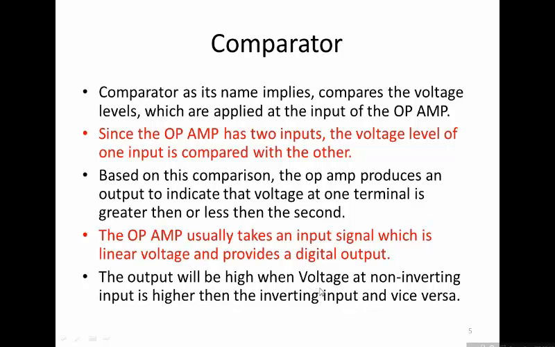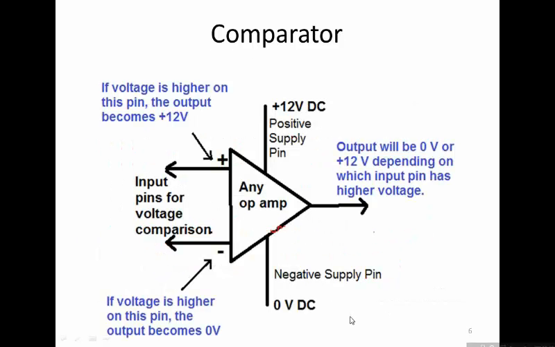That is, when the voltage at the non-inverting terminal is higher than the inverting input, the output would be high, and if the voltage at the inverting input is higher than the voltage at the non-inverting input, the output would be low.